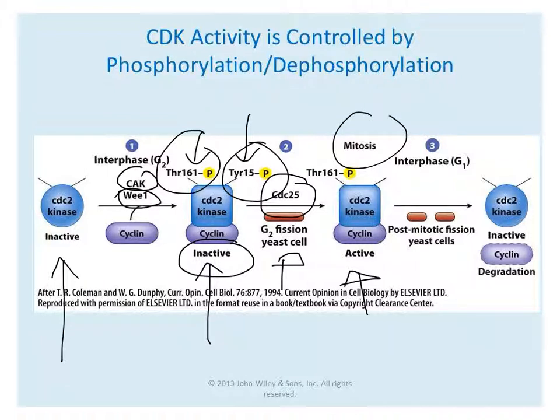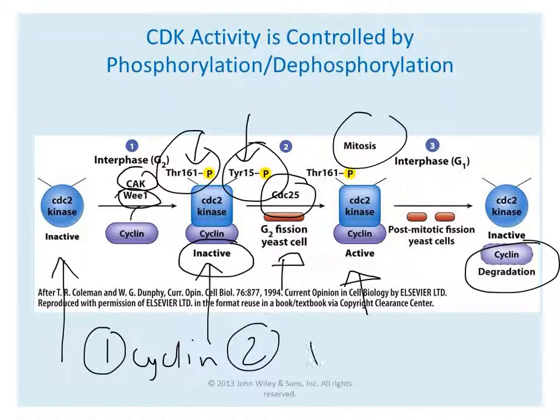Now keep in mind, once mitosis is complete, this complex needs to be inactivated in this particular scenario. One of the inactivation steps is actually to degrade, destroy the cyclin protein so that the complex can no longer form. So these three key events are needed. One, there needs to be enough cyclin.